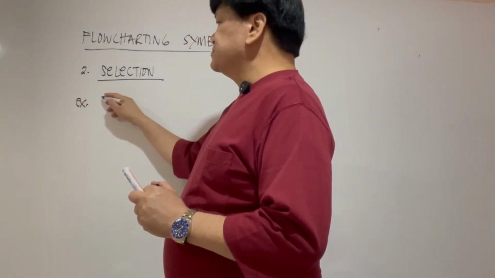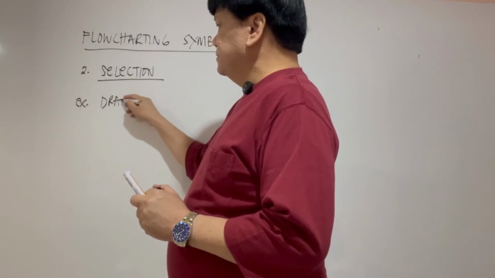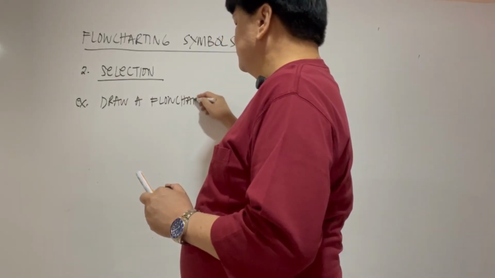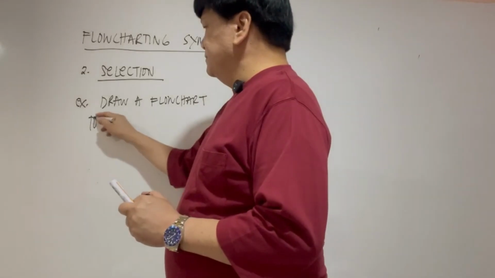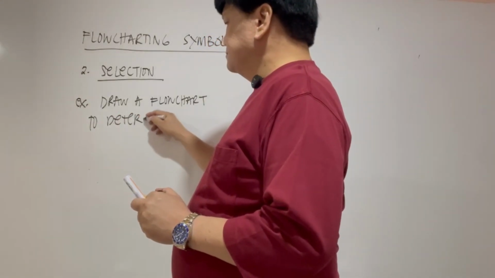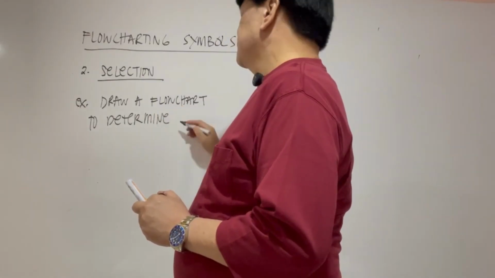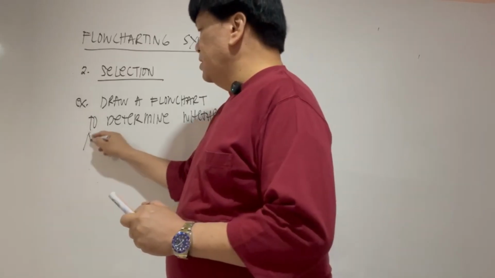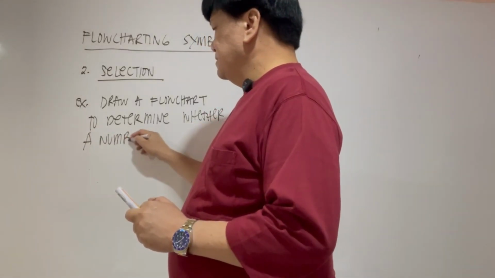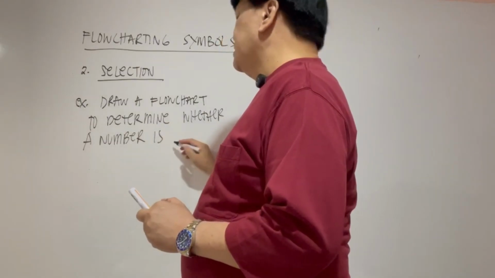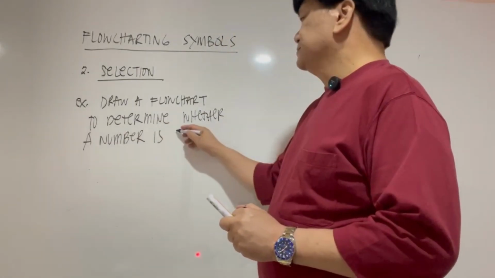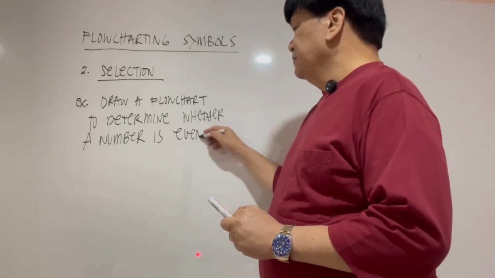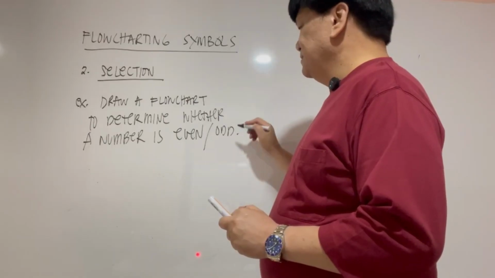Let's say you are asked to draw a flowchart to determine whether a number is even or odd.